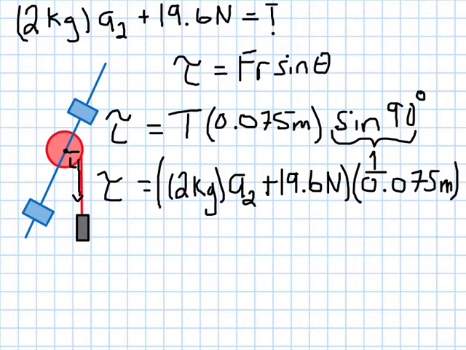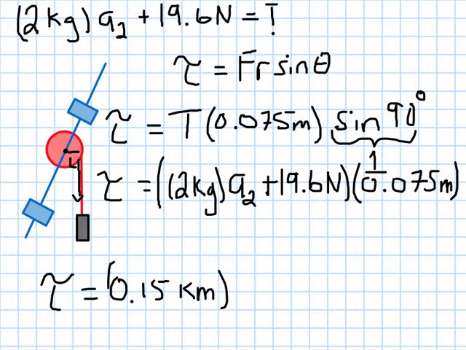So let's just distribute this. Now we've found that the torque, due to the things that are producing the torque, is going to be equal to 0.15 kilogram meters times the acceleration of that hanging 2 kilogram mass plus 1.47 newton meters.